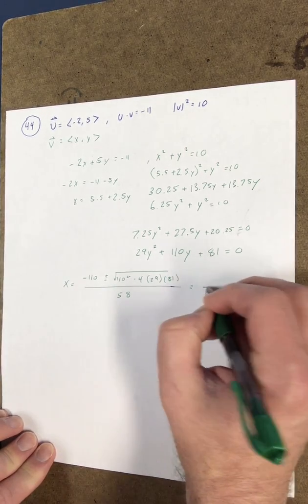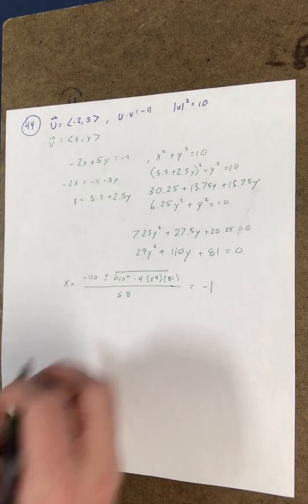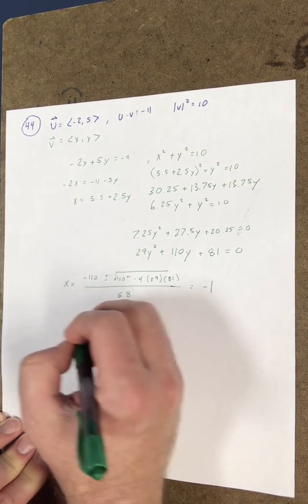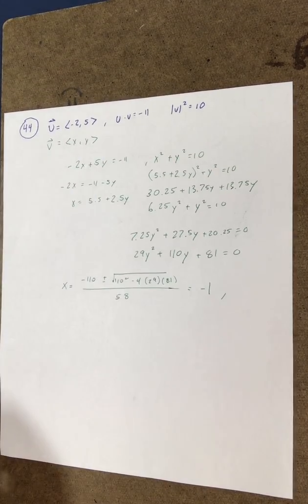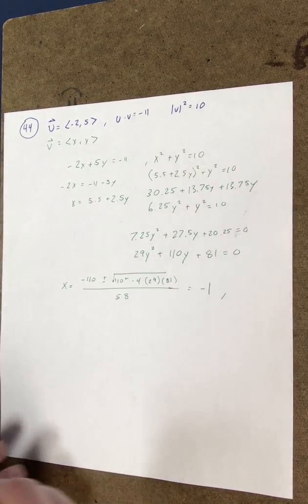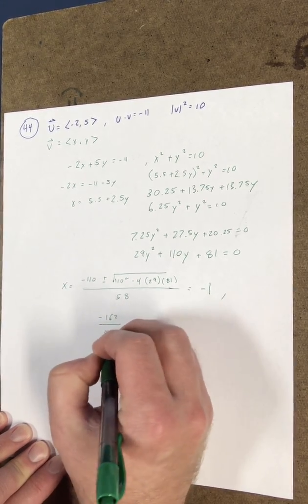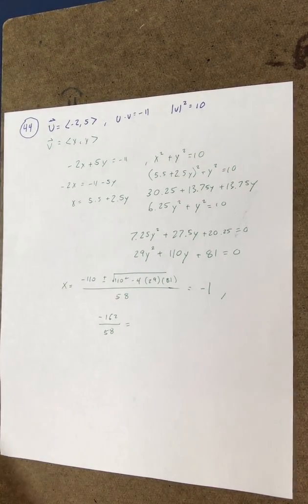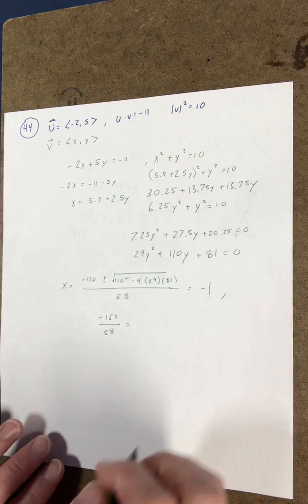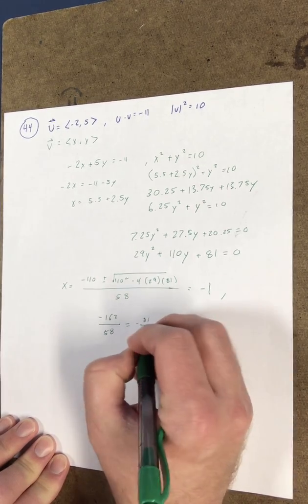And I get exactly negative 1. Apparently that factors. How about that? Then if I do the subtraction value, I get negative 162 over 58, which is negative 81/29.